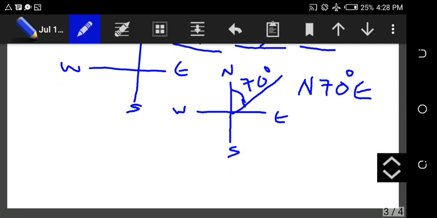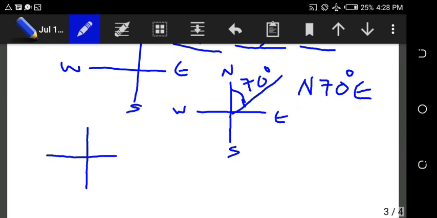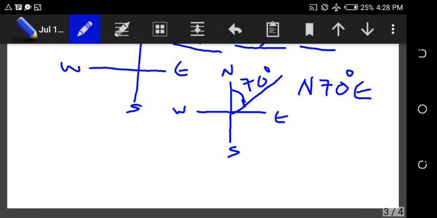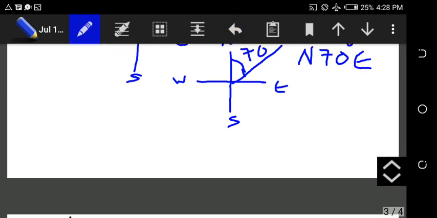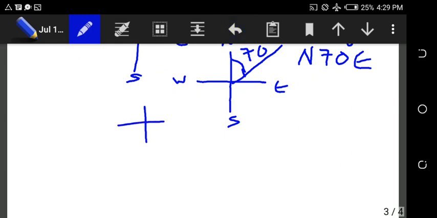All right, look at this one here. Let's say we have a bearing that moved like this, and let's say that this is maybe 69 degrees.